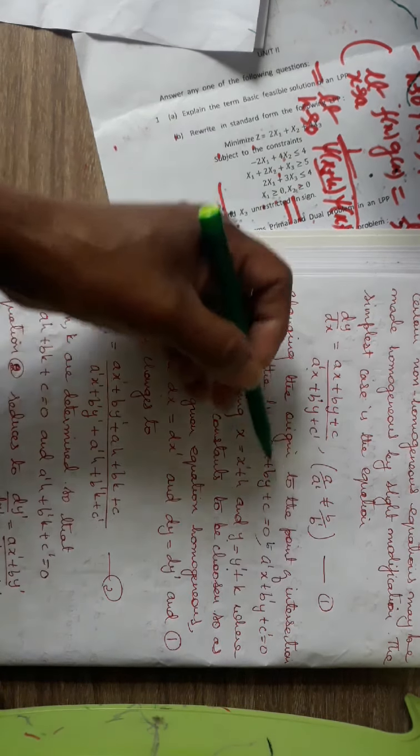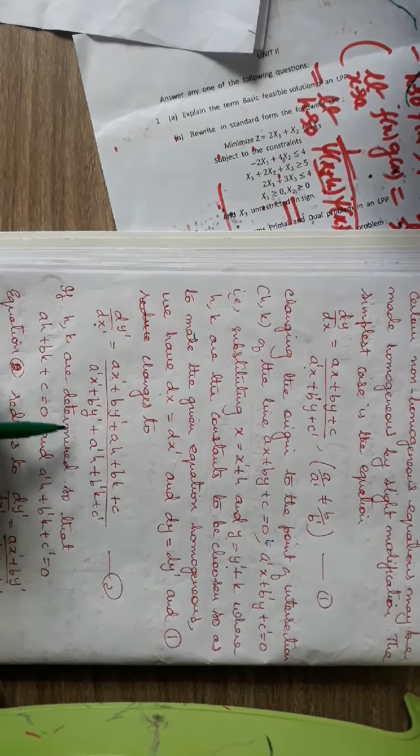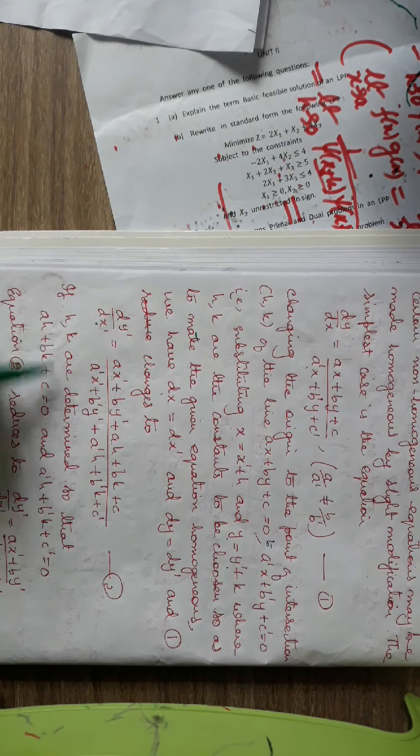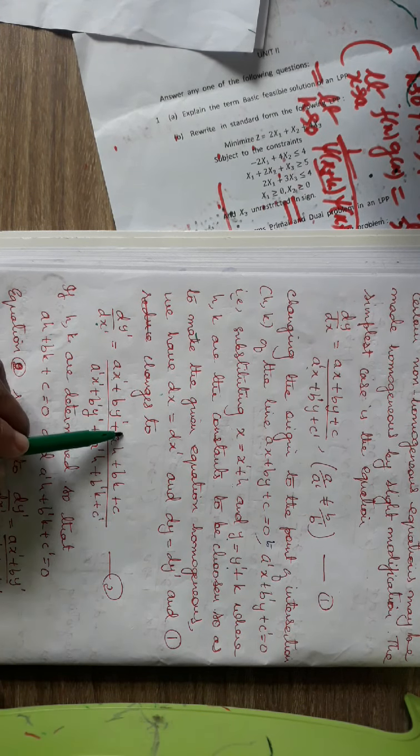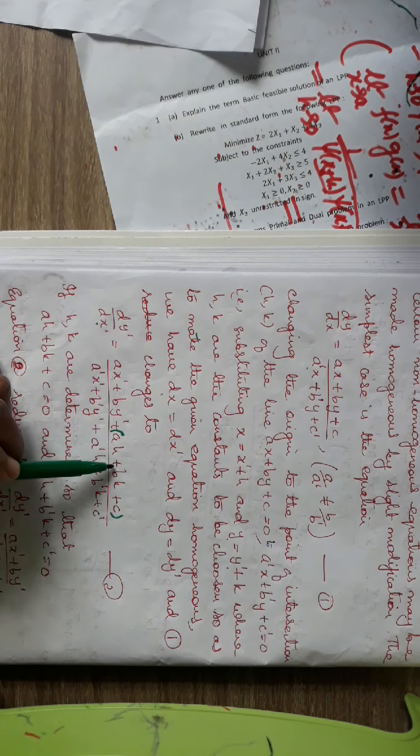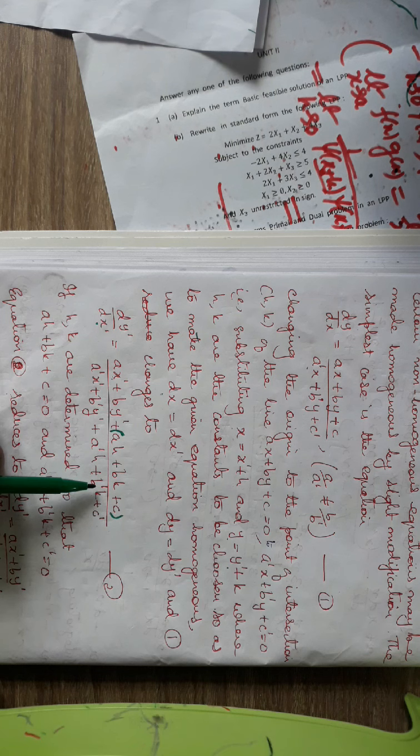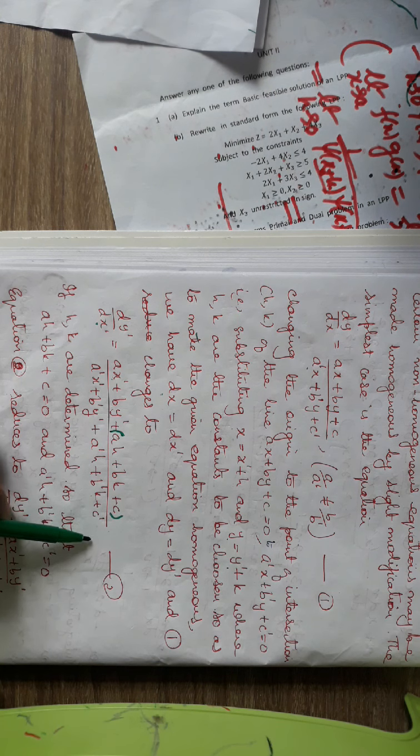Now to determine these constants h and k, we have to choose ah plus bk plus c equal to 0, and a prime h plus b prime k plus c prime equal to 0.